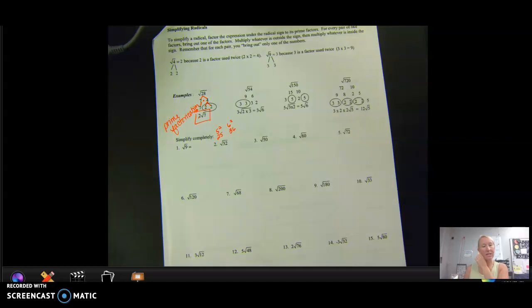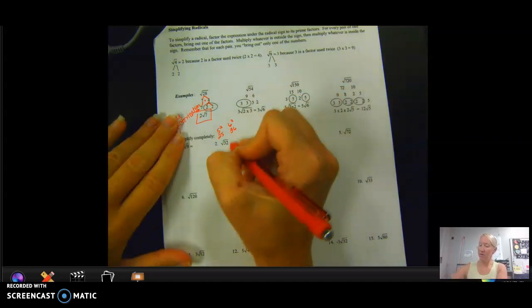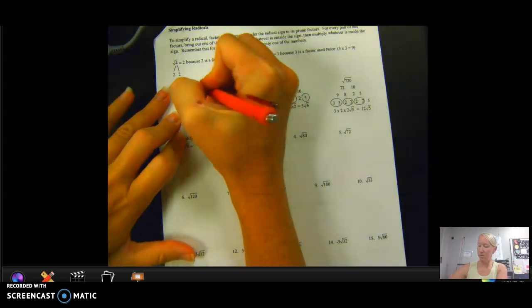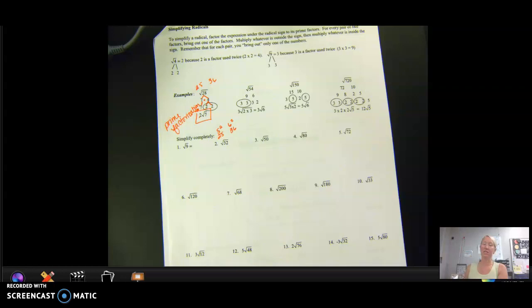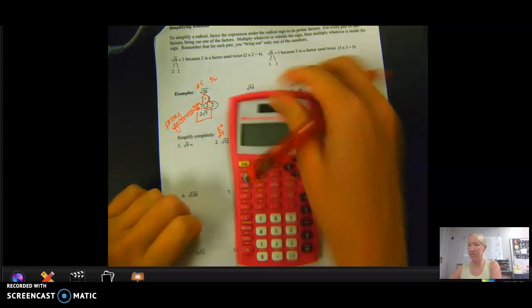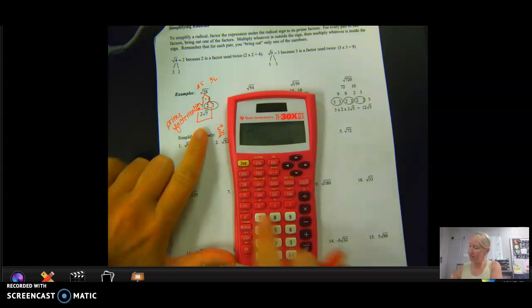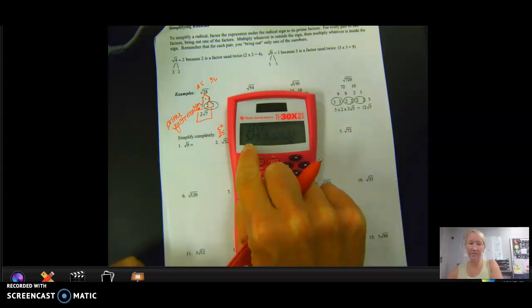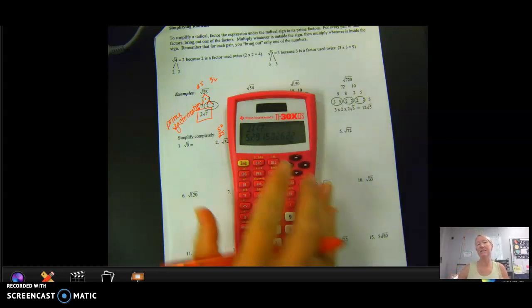Now we said earlier that we could figure out what numbers it's in between. Isn't 28 somewhere in between 25 and 36? So my answer should be somewhere between 5 and 6. Well, 2 is not between 5 and 6. But if I type in 2 square roots of 7 on my calculator, I get 5.29, a number between 5 and 6 as a decimal.